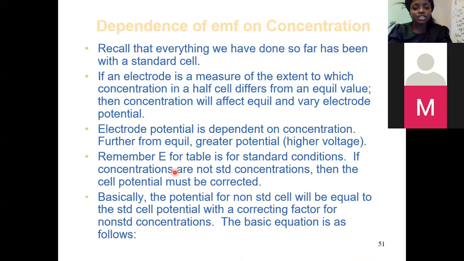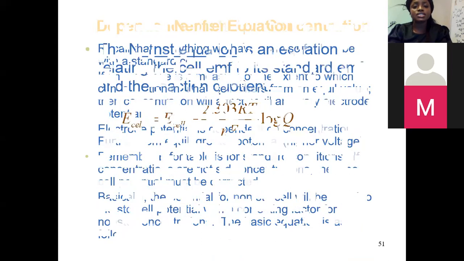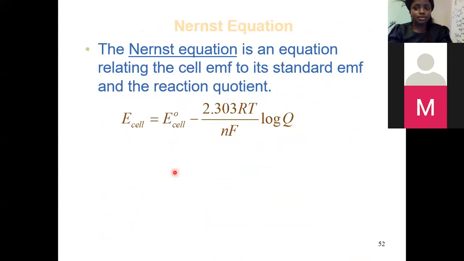Basically, the potential for a non-standard cell will be equal to the standard cell potential with a correcting factor for non-standard concentration. And the equation is this. Your E cell, which is now the EMF of the new cell, which is not at standard condition, is the standard cell EMF with a correction factor, which is minus 2.303 RT over NF log Q. All this, we'll talk about how we arrived at this equation.